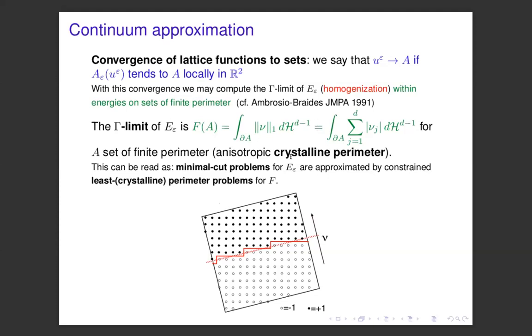So this integral retains some features of the asymmetry of the lattice in this very simple case. And if you want, this just reads that minimal cut problems on these graphs converge to the minimal cut problem, say, with respect to this. So least perimeter problems with respect to this perimeter.